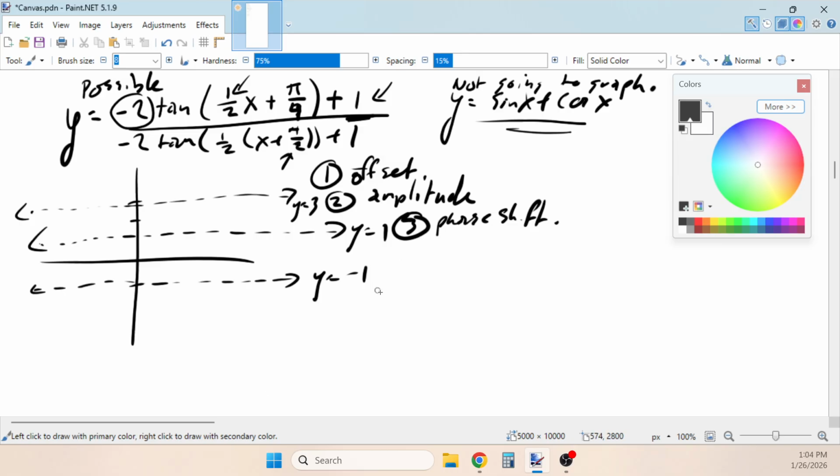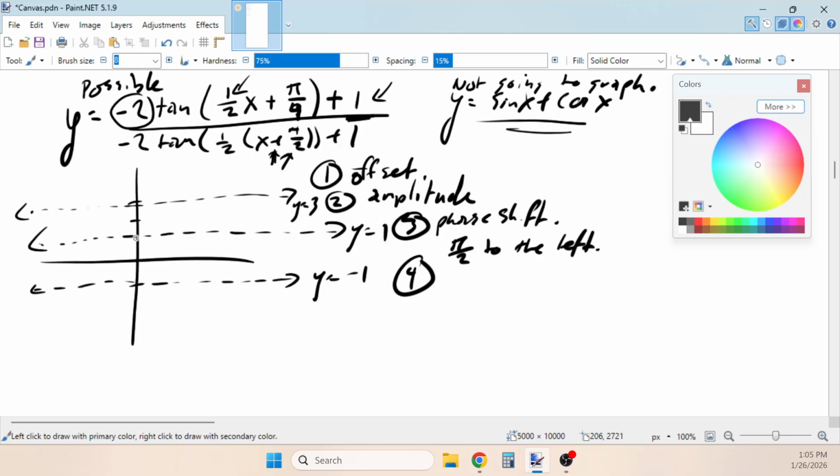It is pi over 2. And since I am adding, this would be pi over 2 to the left. If it were positive, it would be to the right. Or if I were subtracting, it would be to the right. But since I'm adding, it'll be to the left. Which might feel backwards, but it's the way it works, and you can check this by plugging in some points into the equation and seeing how it moves.